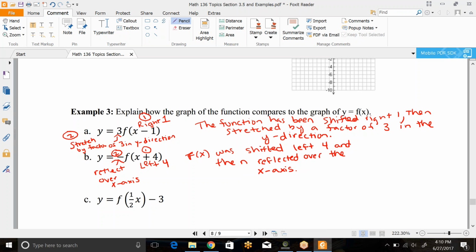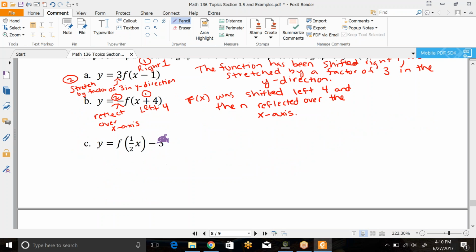Okay, and then the final one is there's a 1/2 inside. So when something happens inside, it's actually opposite to what you see. So that's going to be a 2/1 on x. So that essentially means it's a stretch in the x direction. And then this is at the end, so it's a -3 at the end, so that's going to be down 3. This would be closer to x, and then the vertical shift would be second.